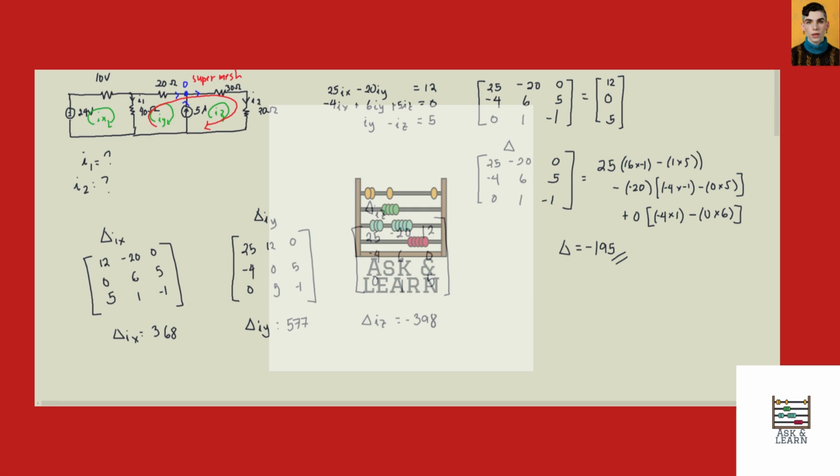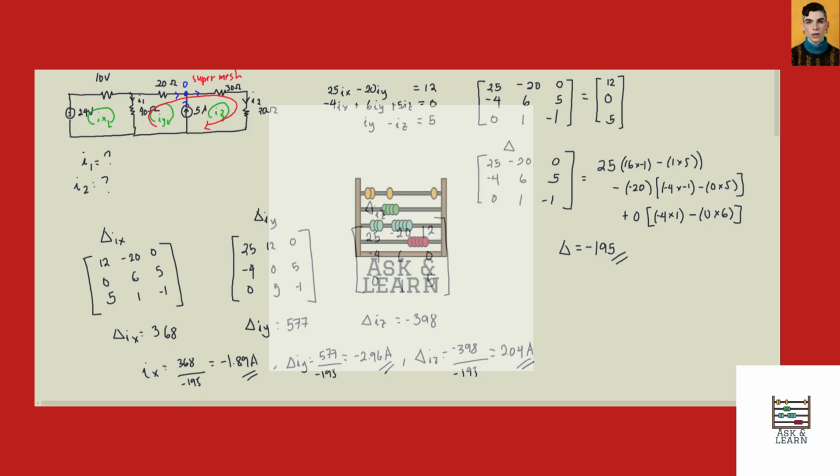Now we could solve for Ix as 368 over negative 195, or negative 1.89 amperes. Iy is 577 over negative 195, that is negative 2.96 amperes. And Iz is negative 398 over negative 195, giving us 2.04 amperes.